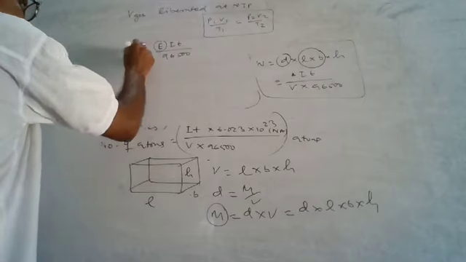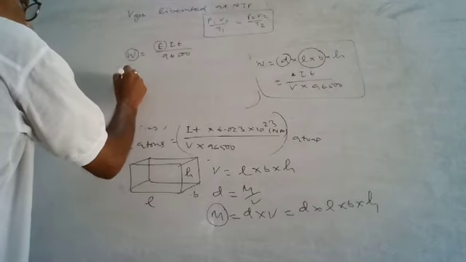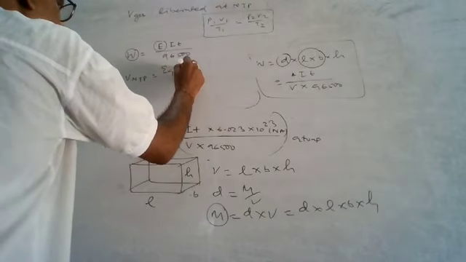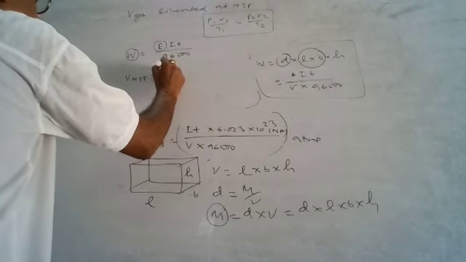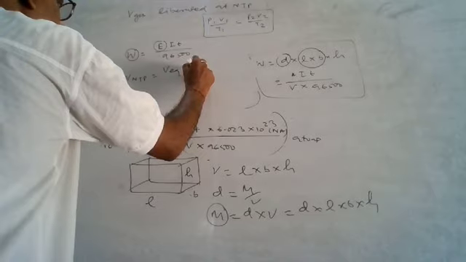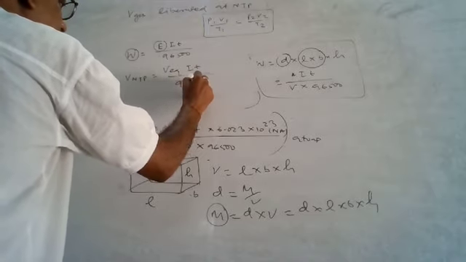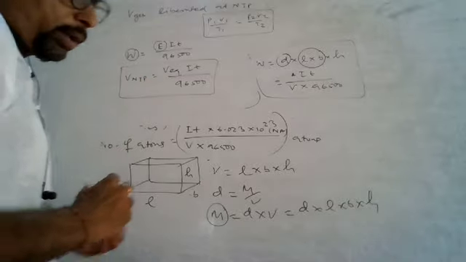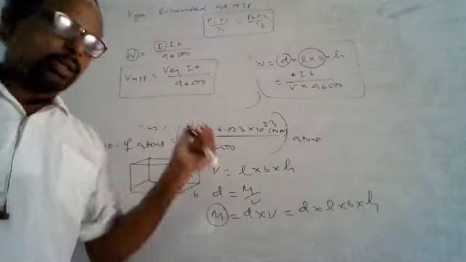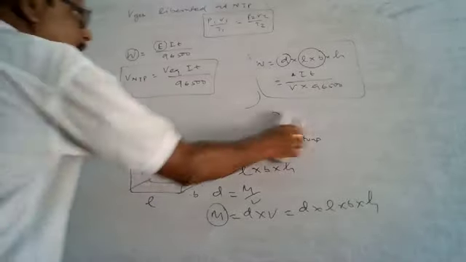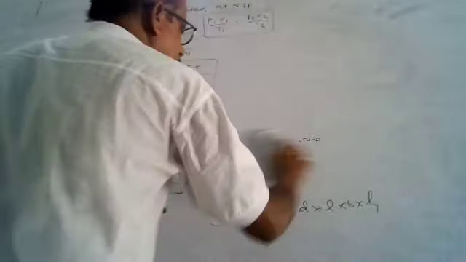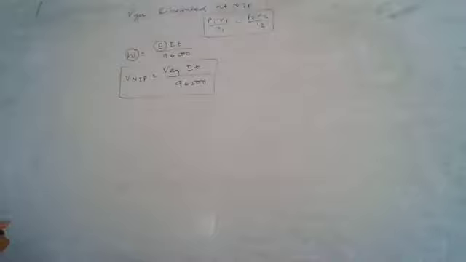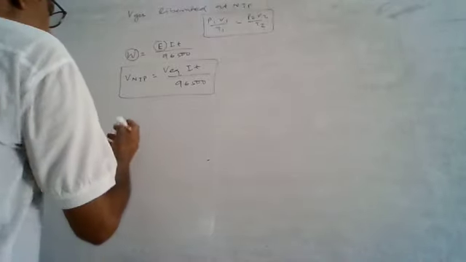If you change the volume at NTP, then you can change it to the volume equivalent, and write the volume equivalent by 96500. So this is the best method. Directly you can calculate the volume at NTP, and from the volume at NTP you can calculate the volume equivalent.